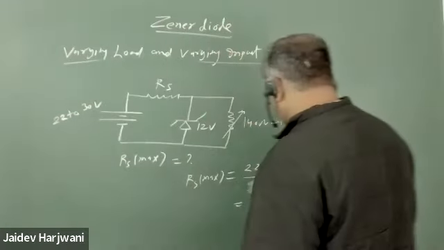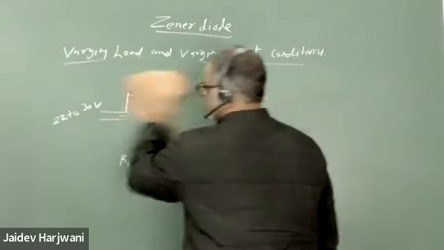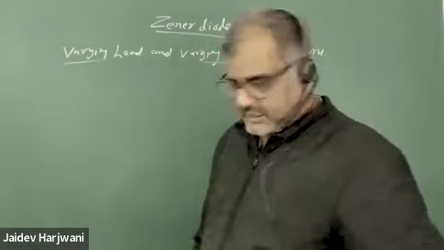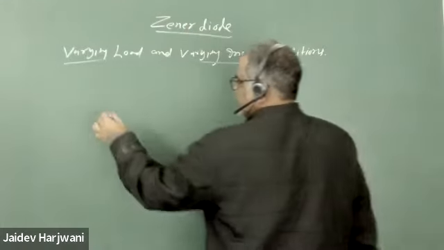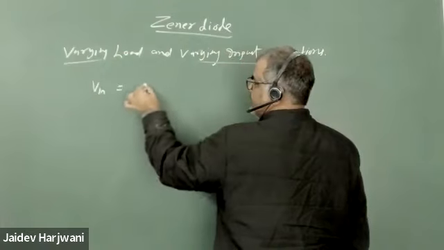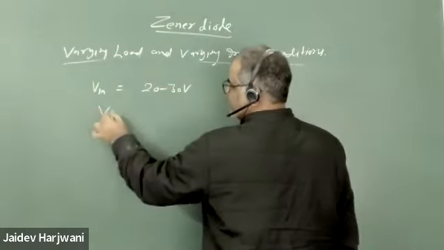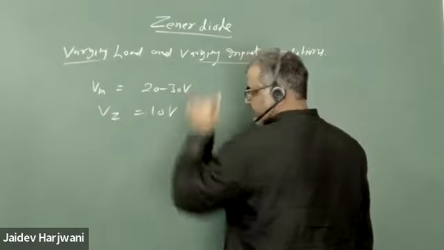Let me give you one more question. This time the input values are varying from 20 to 30 volt. Your VZ is 10 volt.